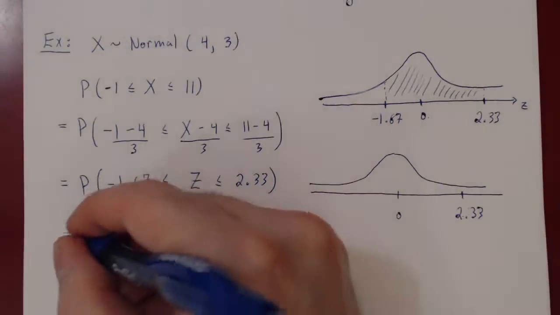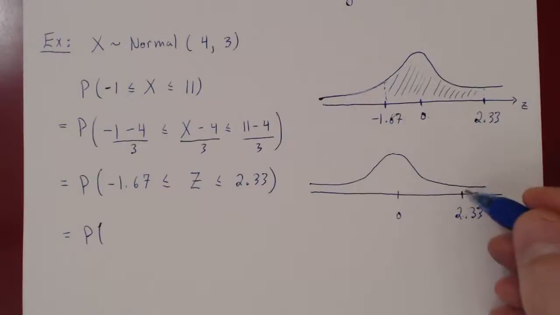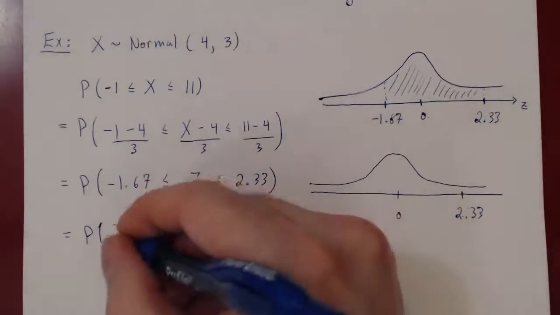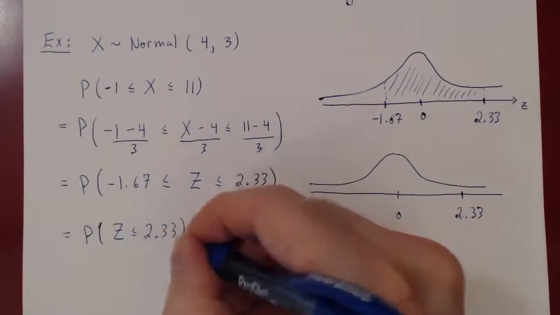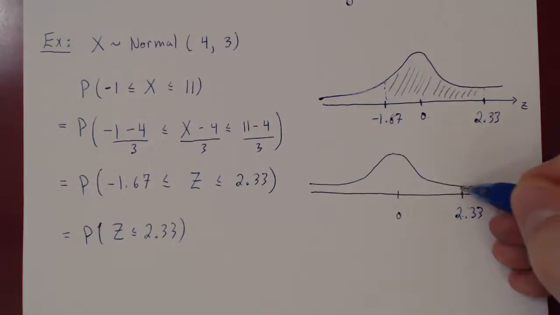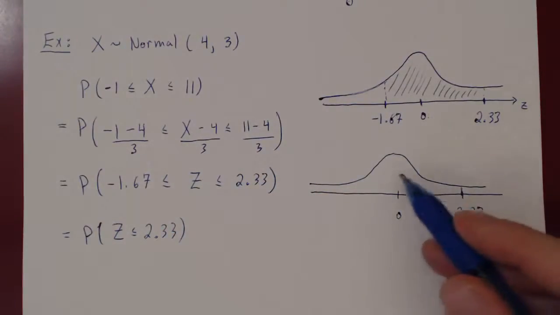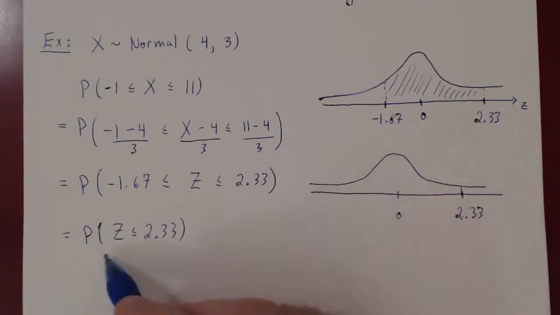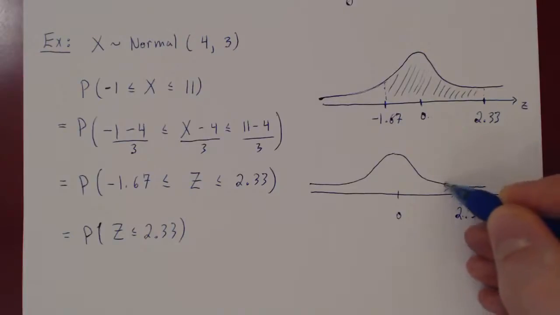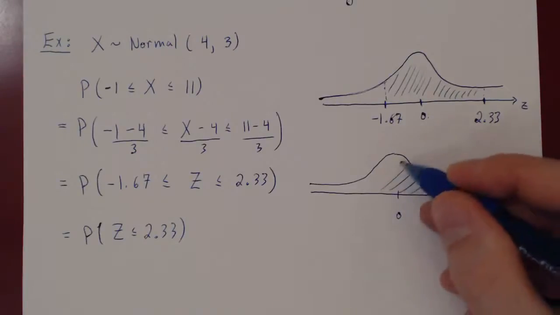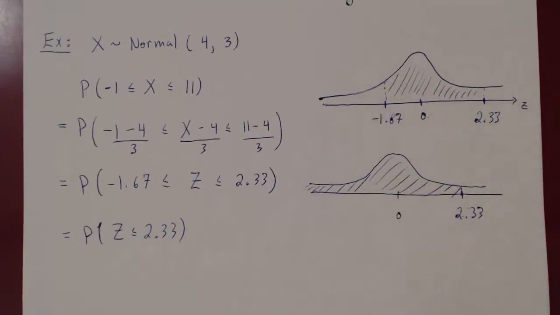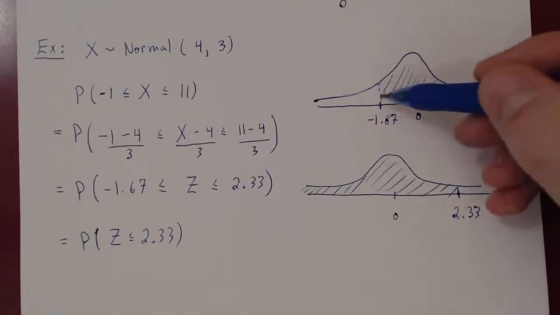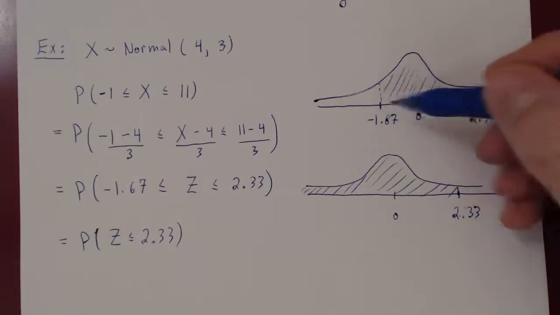So this would be the probability that z is below 2.33. But now we're adding too much area, right? We're adding the entire area below the distribution curve for z to the left of 2.33. So what we get is all of this area, everything all the way down to negative infinity. Well, we have too much, right? We have to stop at negative 1.67.